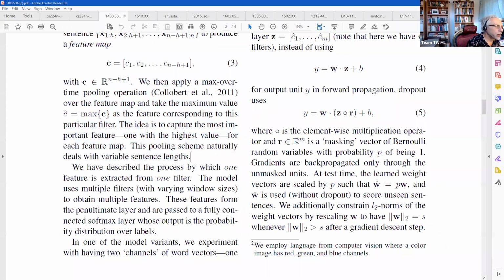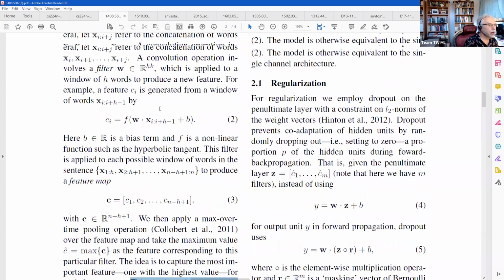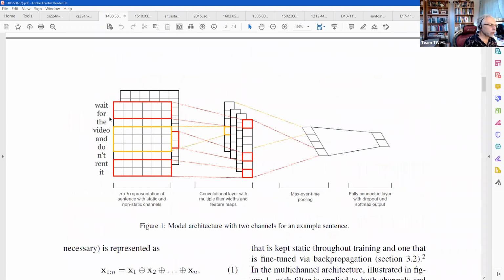And the other thing about this pooling scheme is that it naturally deals with variable sentence length. So you can look at this and say, well, what about a different sentence length? If you have sentences of different lengths, they'll give rise to feature maps of different lengths. And so how do you compare? You need a process that gives you the same dimensional output for a given input.